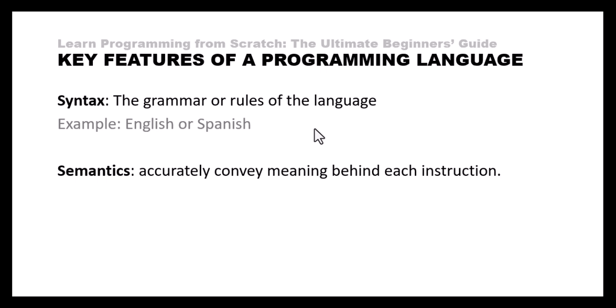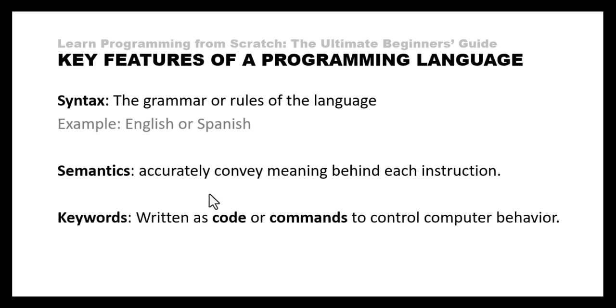Product is multiplication. If you say plus, it should be a sum. So semantics means a programming language should be able to read the meaning behind symbols and the arrangement of the syntax. The computer program should have the ability to accurately convey the meaning behind each instruction that it is given.